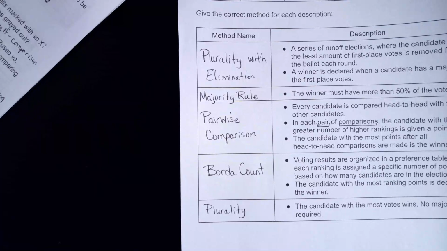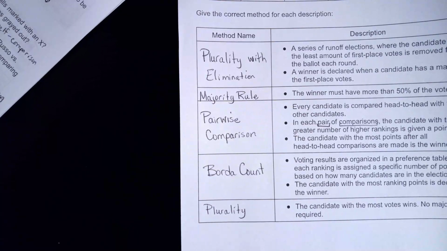Okay, majority rule. That's kind of what you're used to, right? And so you're at least saying it's got to be over half, not just the most votes, but you have to have a majority. I think it's majority rules, because if you're not the popular vote, people don't want you there, then I don't think you should be allowed to be there.